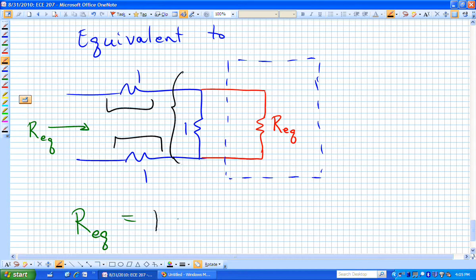So it's 1 plus 1. I'm afraid to write what that curly brace means. What's that resistor in the curly brace? That's two resistors in parallel, isn't it? And we just derived that relationship. That was the product of the two, 1 times R equivalent, over the sum of the two.